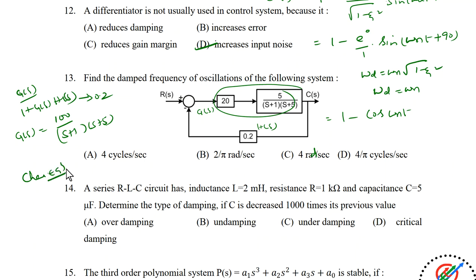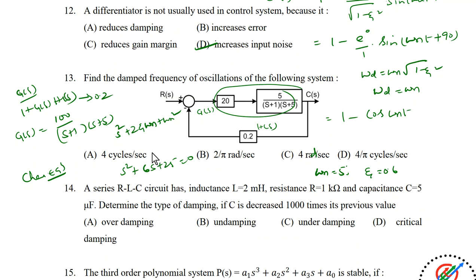The characteristic equation is s square plus 6s plus 25 is equal to 0. Compare with the standard equation, s square plus 2 zeta omega n s plus omega n square. From this we get omega n is equal to 5 and zeta value will be 0.6.